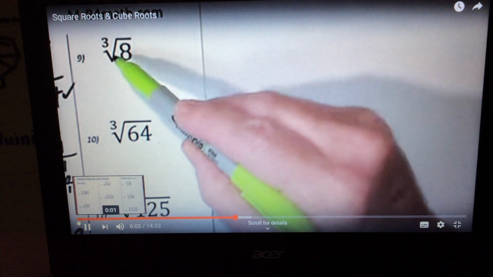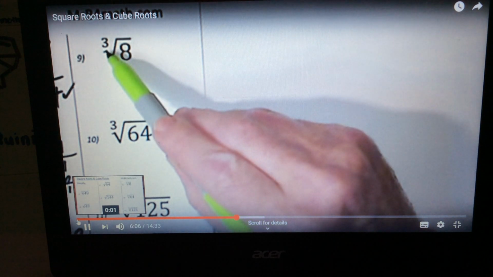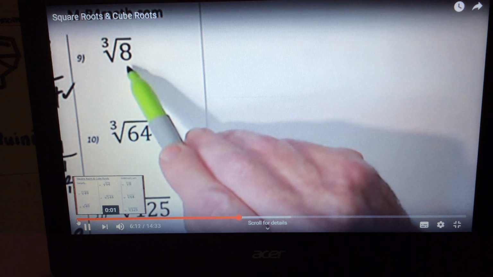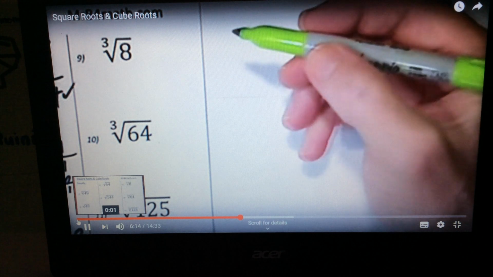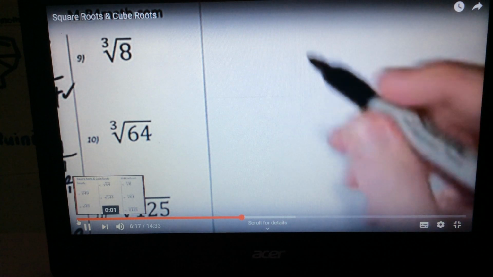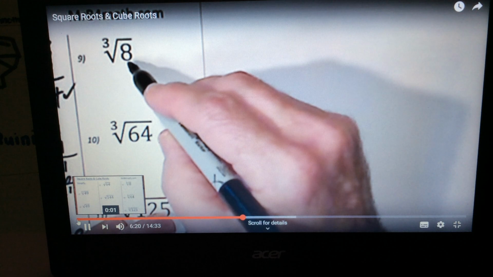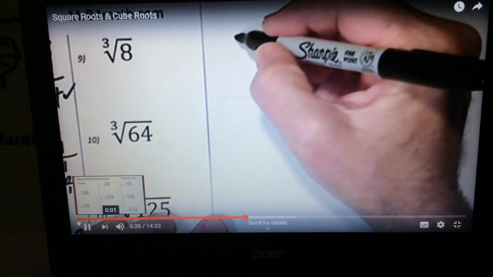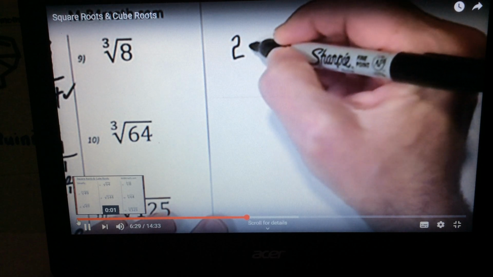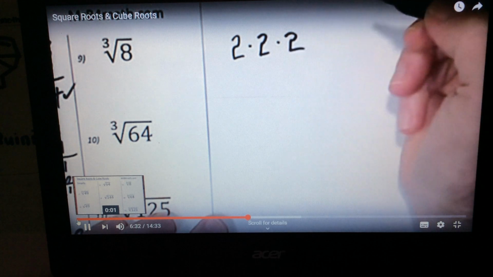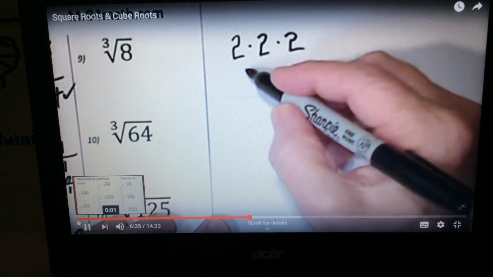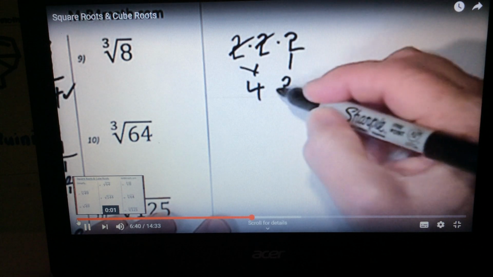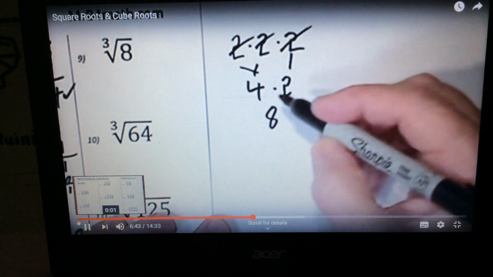Now the index is 3. Again, the index is 3, and that says we're looking for the cube root of 8. The cube root of a number is the number times itself 3 times that gives you 8. For instance, we'll start with something small: 2 times 2 times 2. 2 times 2 is 4, takes care of them, bring that one down. 4 times 2 is 8.